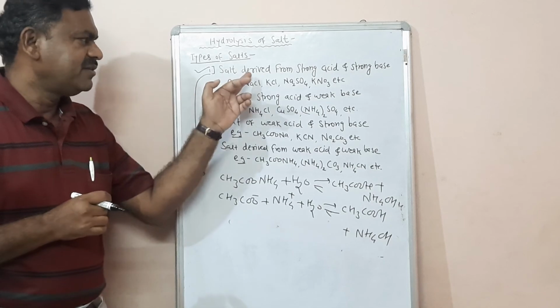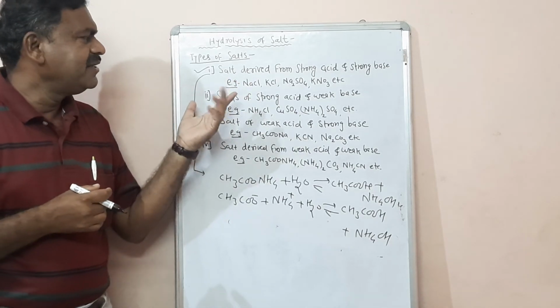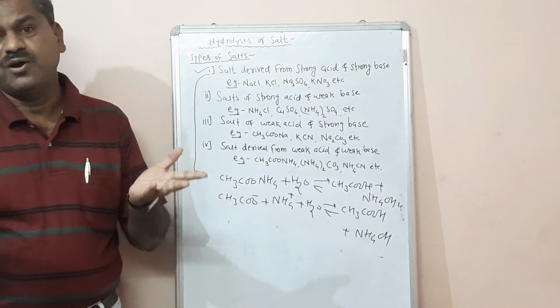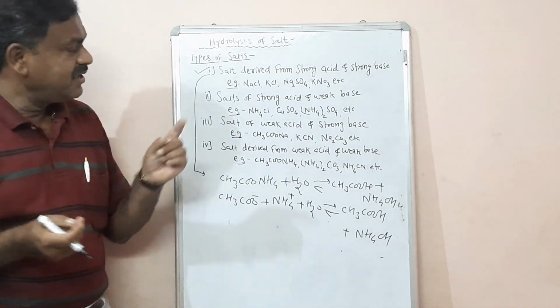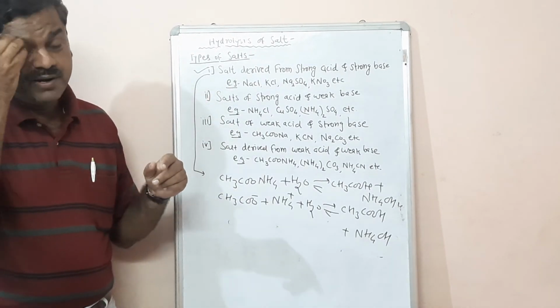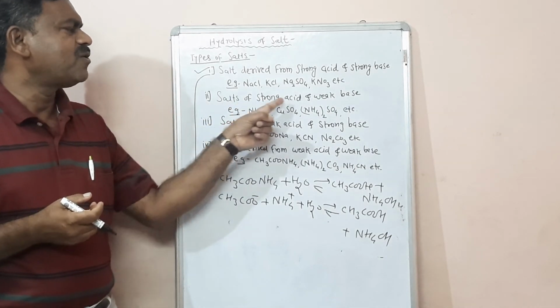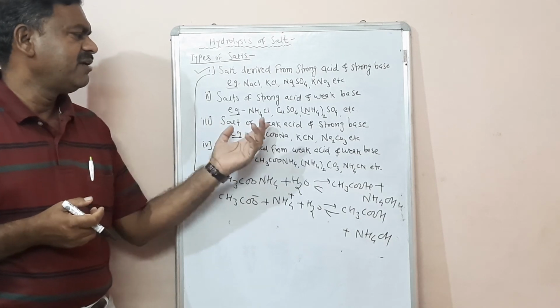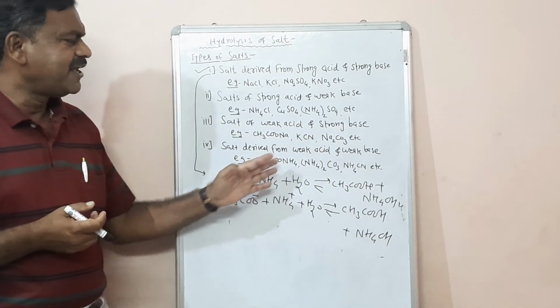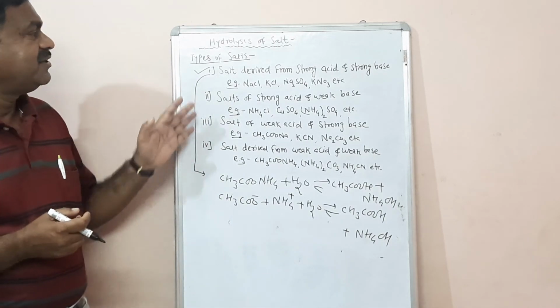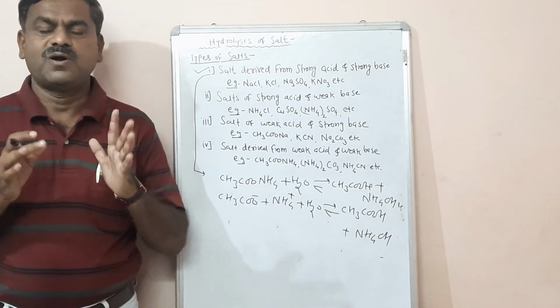Or explain why the salt of a strong acid and a strong base does not hydrolyze. You have to explain with an example. Or explain the salt of a strong acid and a weak base, a weak acid and a strong base, and lastly a weak acid and a weak base. Now this is about the types of salt.